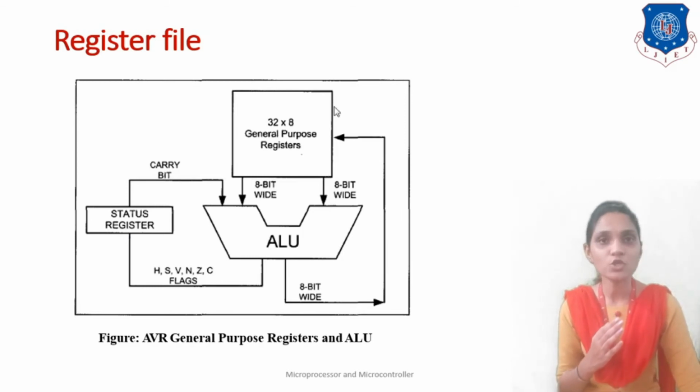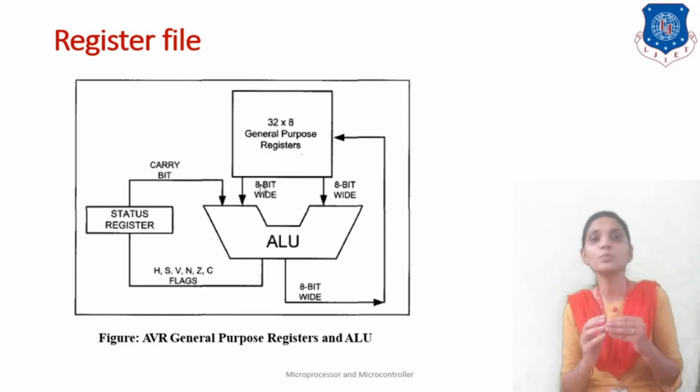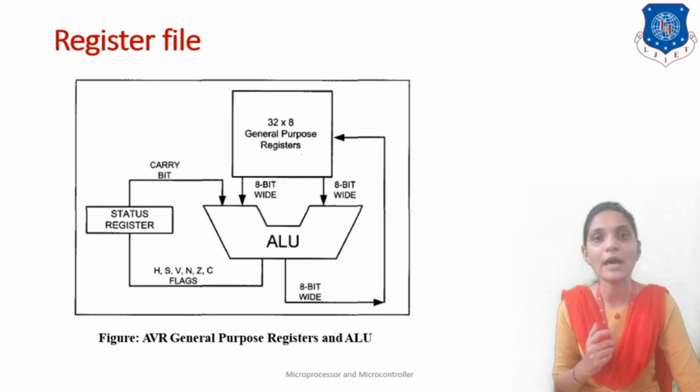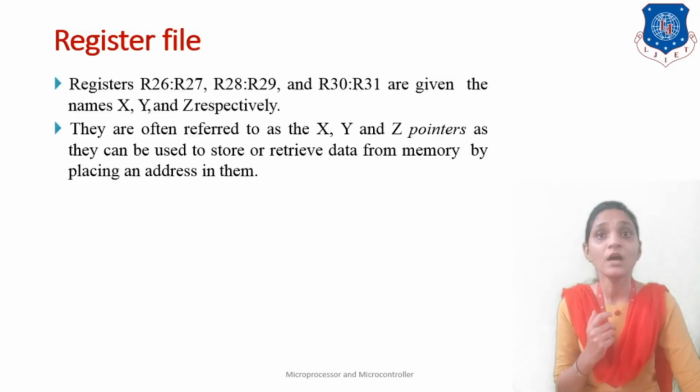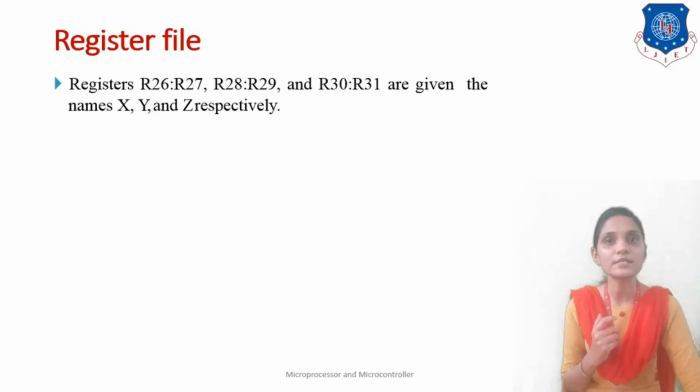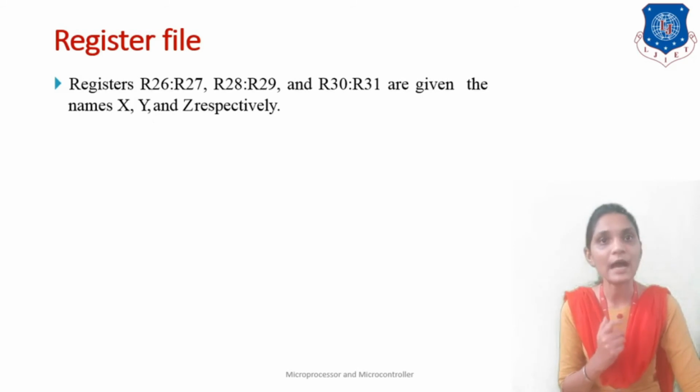So in short, the general purpose registers are where you store the data that you want to perform some operation on. Okay, so a total of 32 are available. Here, registers R26 and R27, R28 and R29, R30 and R31 are given special names, that is X, Y and Z respectively.